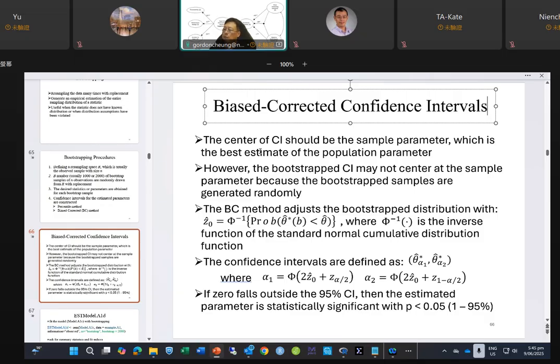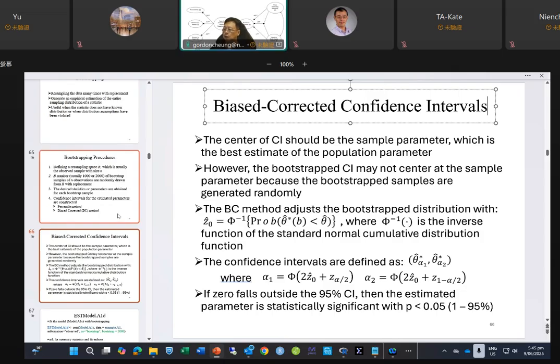However, if we use the percentile method, the midpoint may not be your sample estimate. Therefore, we have some complicated equations that shift the curve such that the midpoint is your estimate from your original sample.